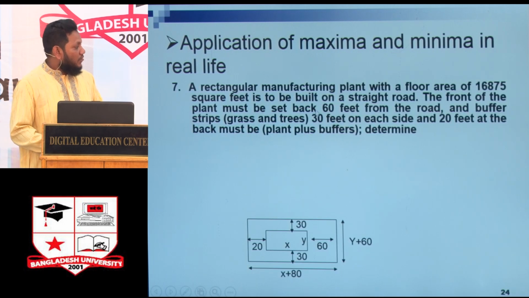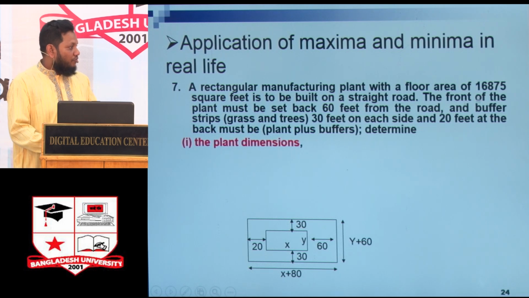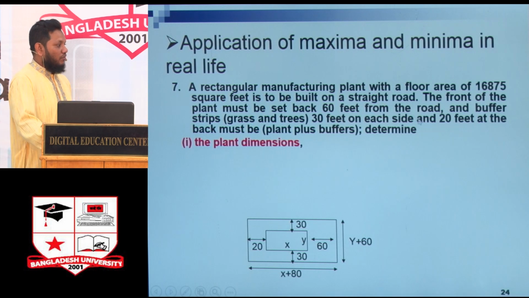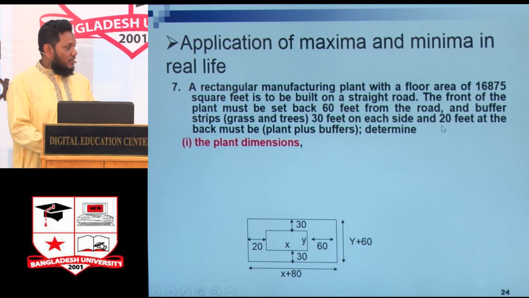And there is another application for real life. A rectangular manufacturing plant with a floor area of 16,875 square feet is to be built on a straight road, and the front of this plant must be set back 60 feet from the road, and buffer strips, there is grass and trees, 30 feet on each side and 20 feet at the back must be planted.